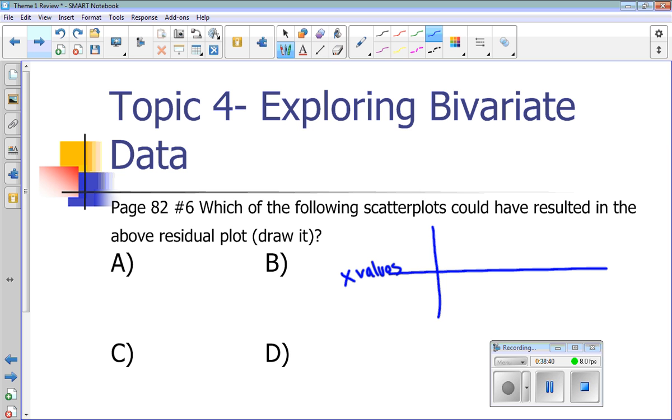And as Charlie explained, a residual is the vertical distance from the line of best fit to the point, the observed value. Probably say it better the other way around: observed minus predicted.